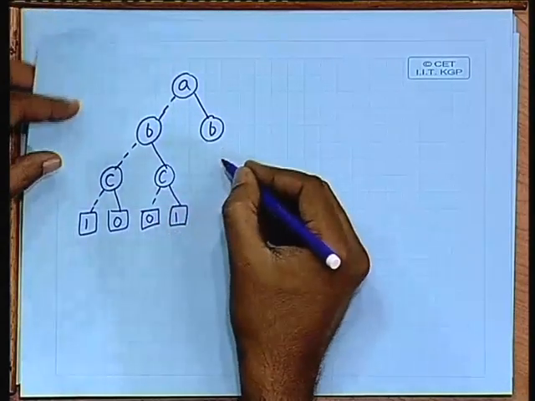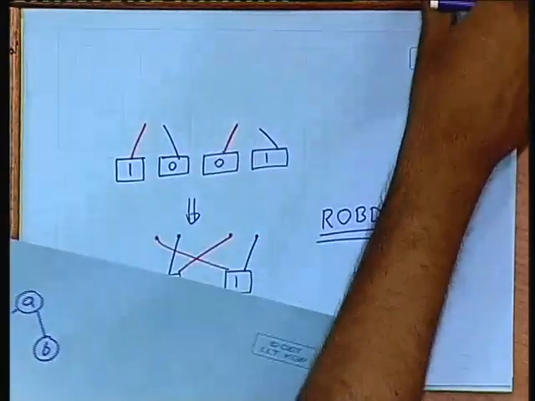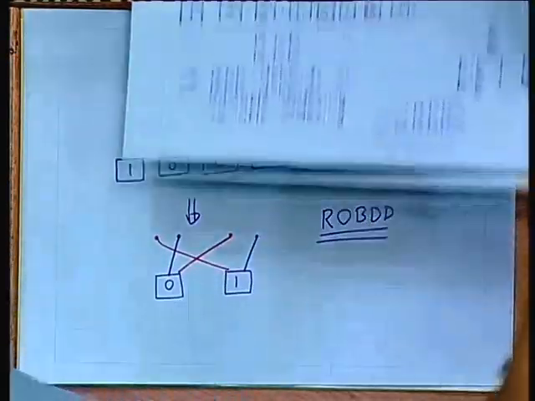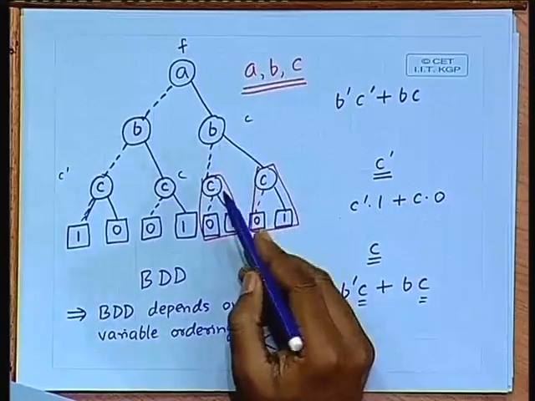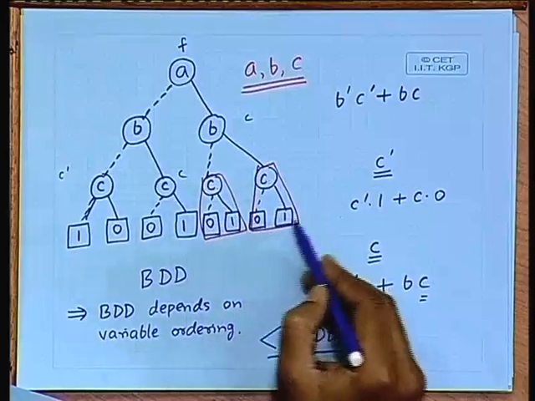But on the right side you had something like this. You had under B, C 0 1, C 0 1, the same thing.